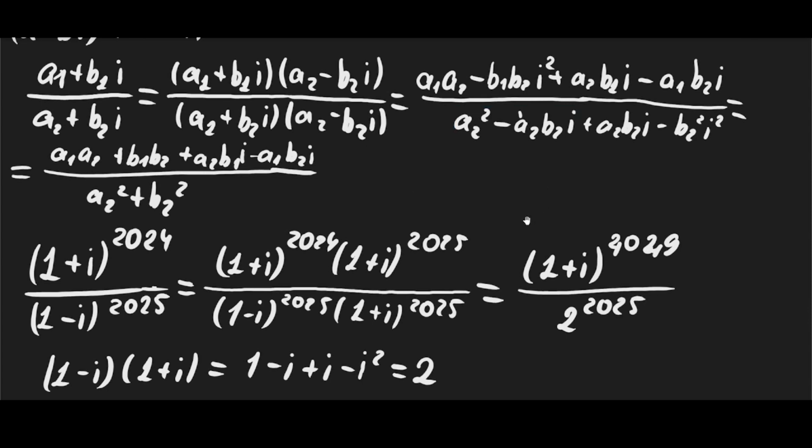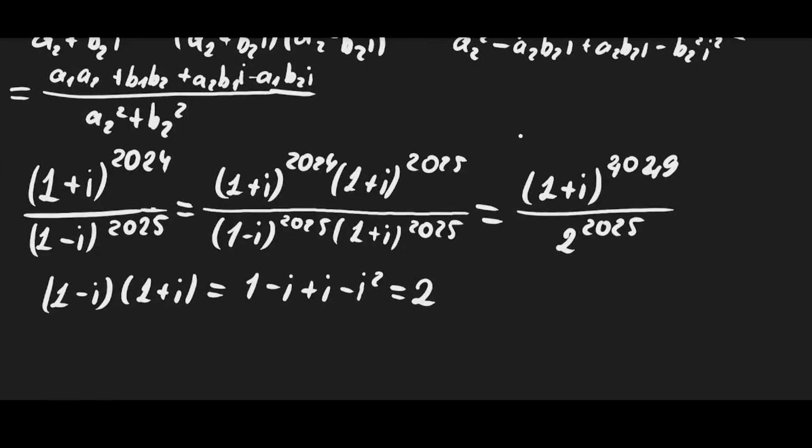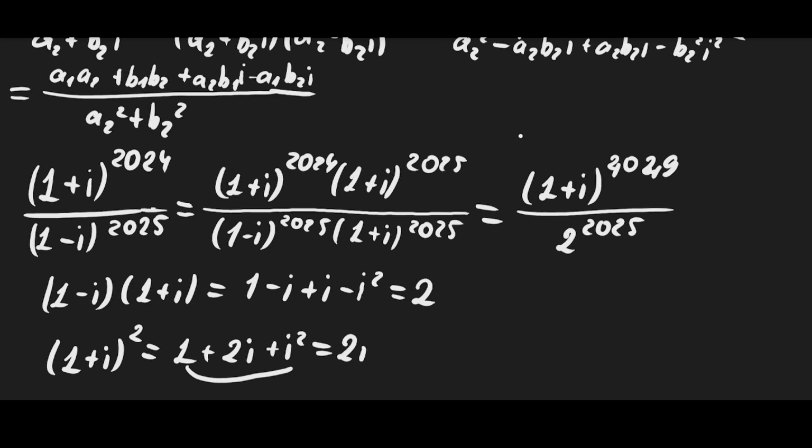And now let's find what would be (1 plus i) to the 4049. If you just use the binomial expansion, this will be very hard to compute, so we need to find easier computations. (1 plus i) squared would be 1 plus 2i plus i squared. Because i squared is -1, the 1 and -1 cancel, so this equals 2i.